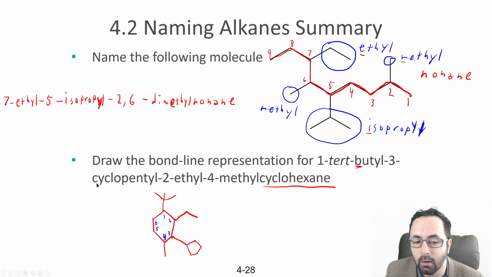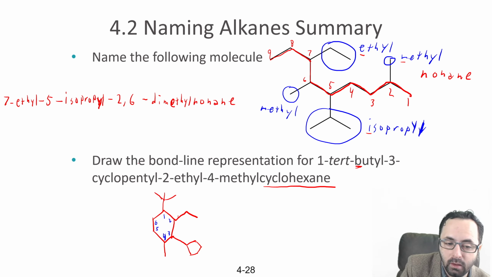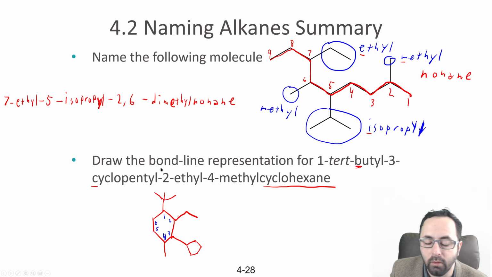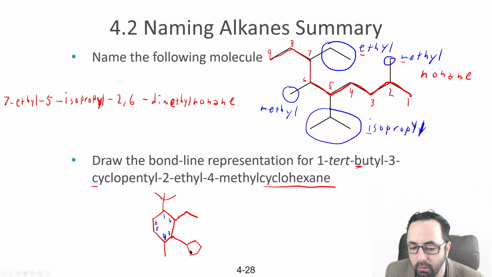The C here does contribute to the alphabetization. It's a part of the name of the substituent. So C here comes after B. Then E comes next, ethyl, and methyl comes last. So that's all alphabetical. Okay. So that's how you do the naming of these hydrocarbons.